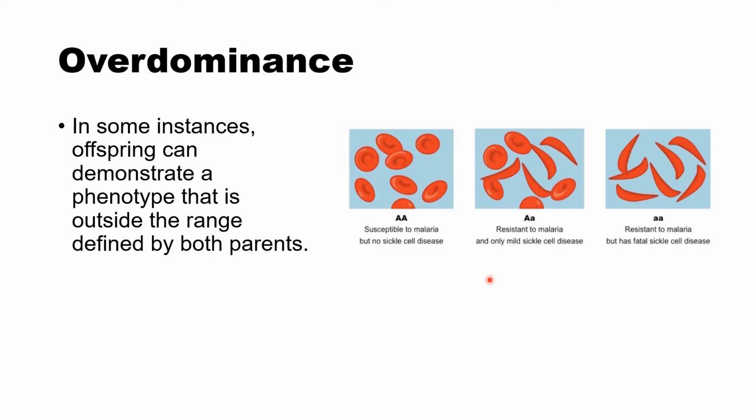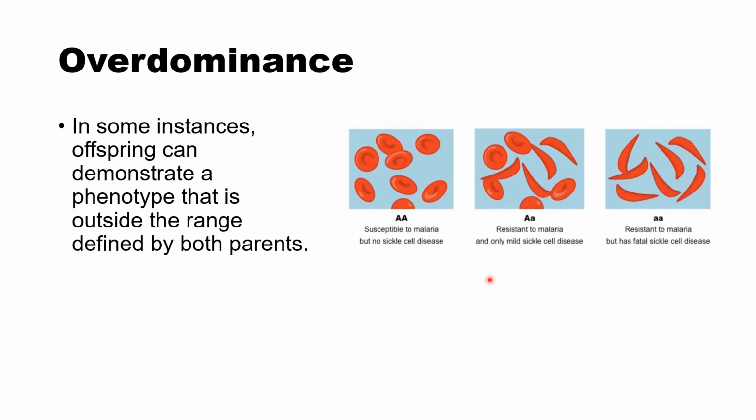So, now we have what we call as over-dominance naman na tinatawag. So, in some instances, offspring can demonstrate a phenotype that is outside the range defined by both parents. So, sinasabi daw sa over-dominance, yung phenotype na na-exhibit or nakita doon sa offspring, wala doon sa phenotype na ine-express ng parent.